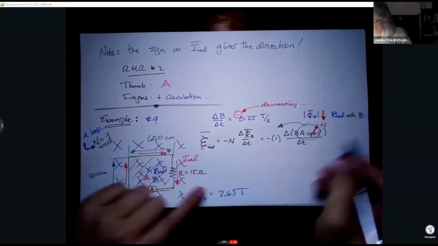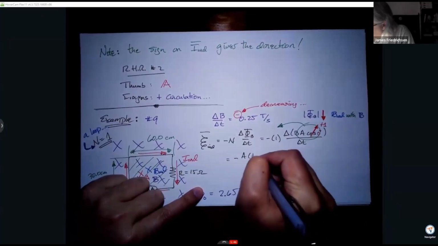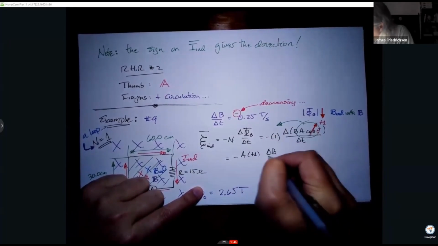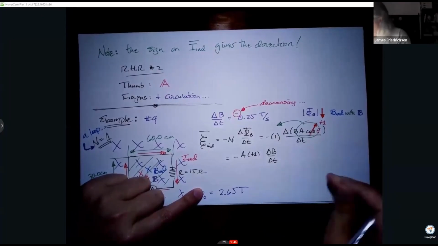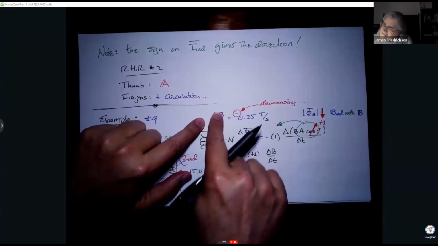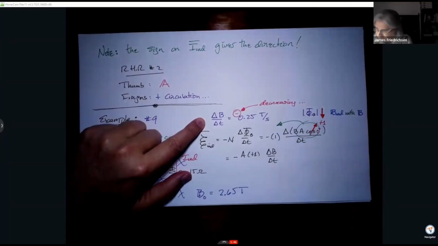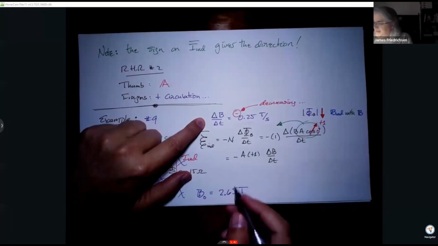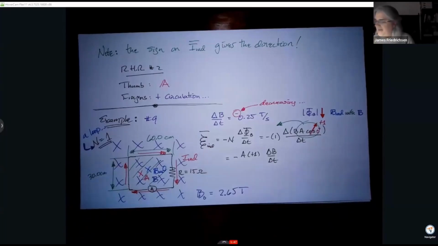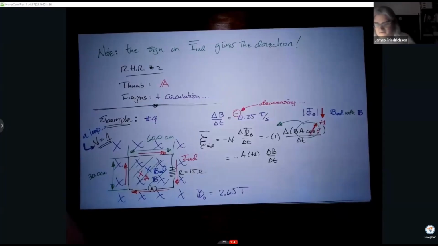So it will still remain negative. I'll pull the A out and then the +1 comes out and I'm left with the change in B over the change in time. And that's what they told us was the rate at which the magnetic field decreased with time. And they said that was constant. And so this is why the average is the value. And then we can put this stuff in like so.